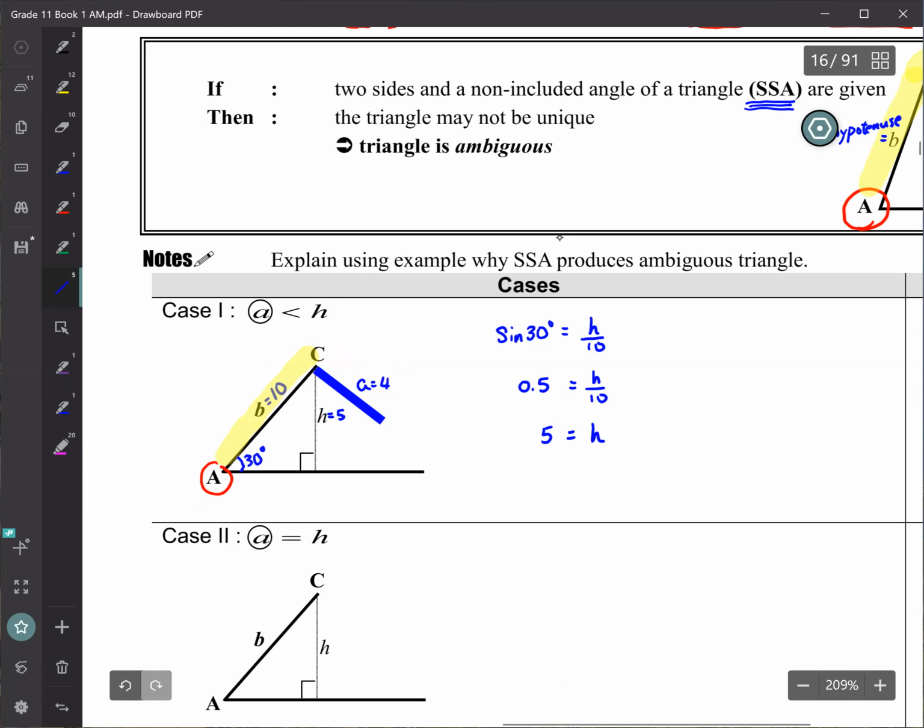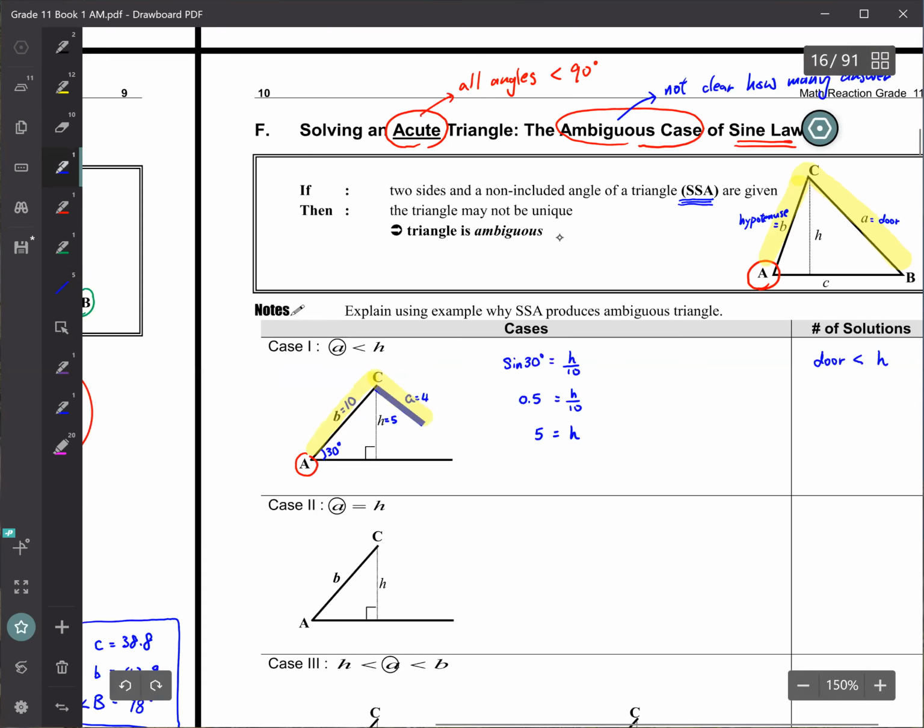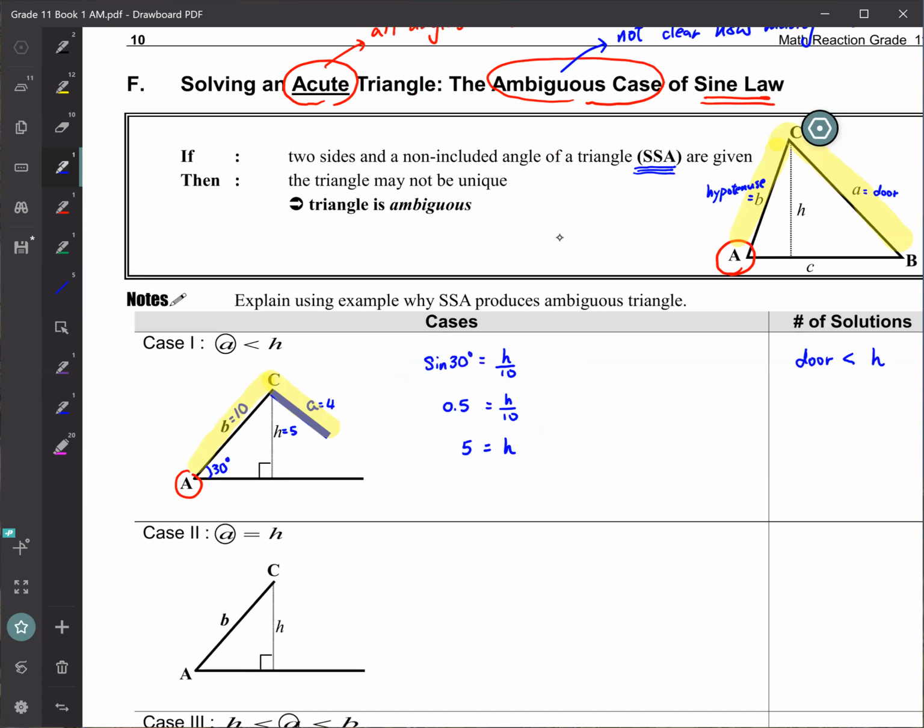Okay, so when that's the case, when the opposite side, the door, is shorter than height, there is no way the triangle can be formed, right? It will be open. So this one, you will say no solution, because there's not even a triangle.